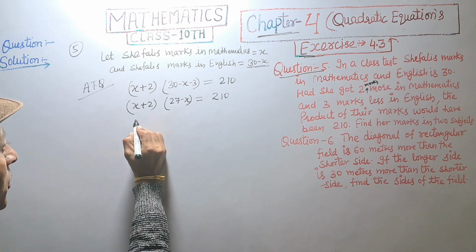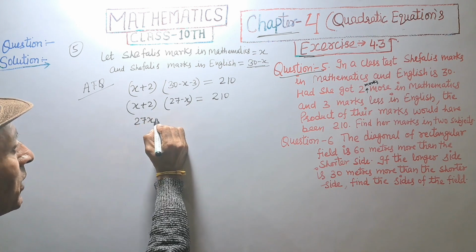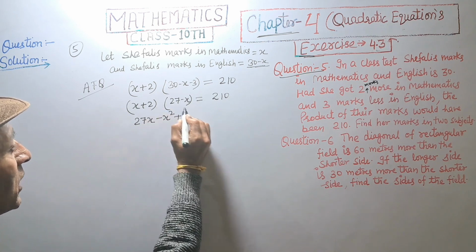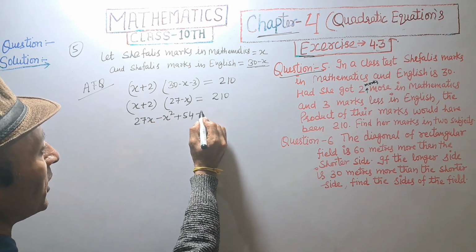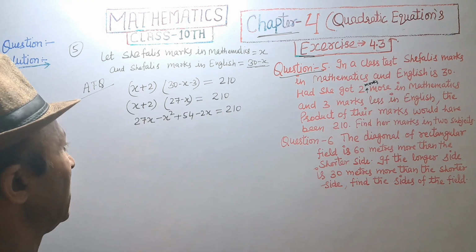x multiplied by 27, 27x, x multiplied by minus x, that is minus x square. 2 multiplied by 27 is equal to 54, and minus 2 into x, 2x.